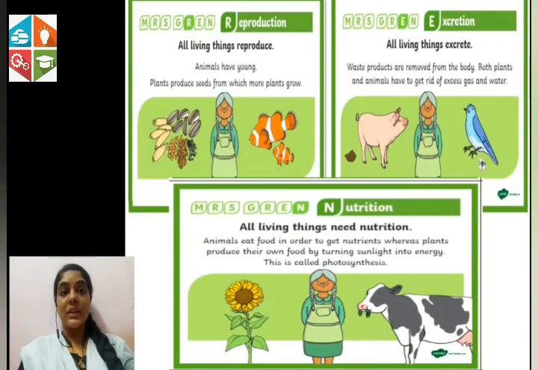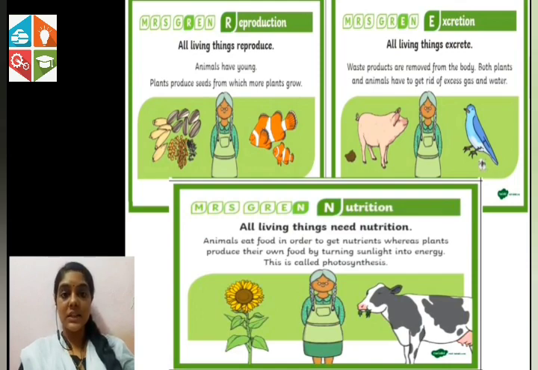The fifth one is R, that is reproduction. All living things are capable of reproducing their young ones. Only when reproduction happens is there survival of the species; reproduction is essential for the survival of species. Then E stands for excretion. All living beings are capable of excretion.